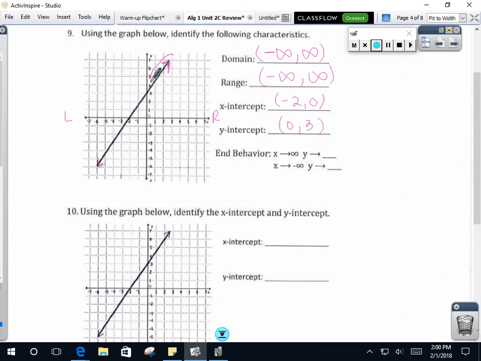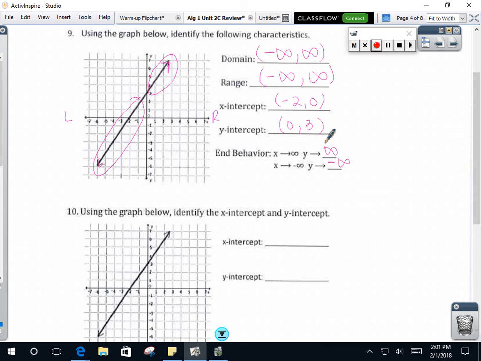Which is this part of the line. And that part of the line is doing what? Going up forever. Now it says x approaches negative infinity, which on the x-axis you go to the negative side, which is this part of the line, and it's going down forever.